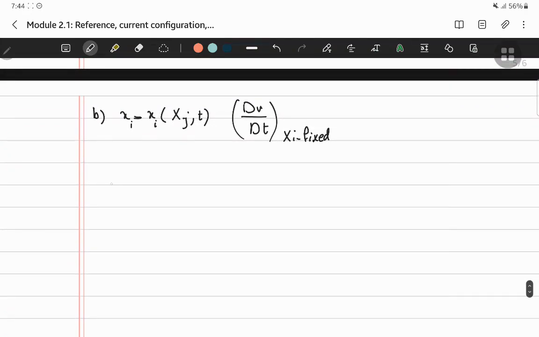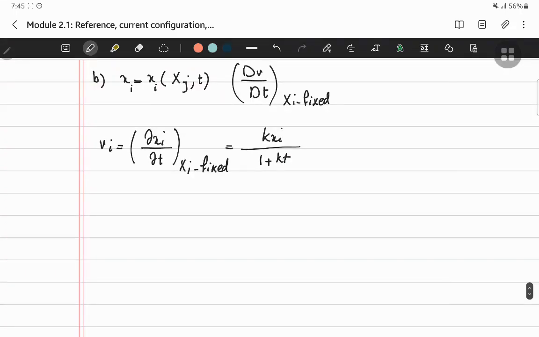So for this one, we know that vi, or v of each component, v1, v2, and v3, is the partial derivative of xi with respect to t at xi fixed. This is something that we already mentioned. And it is nothing but k x1, x2, x3 divided by 1 plus kt, because they have the same coefficients for v.